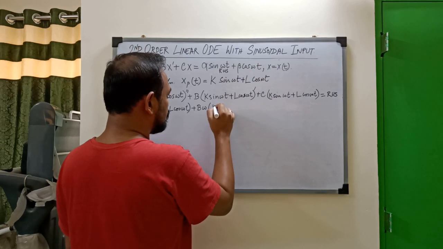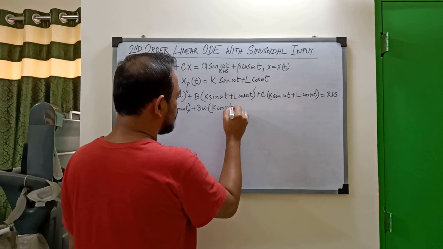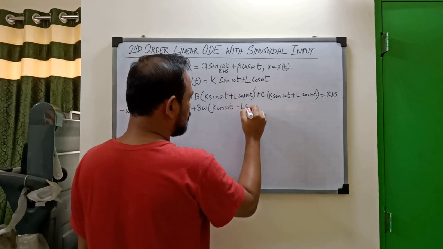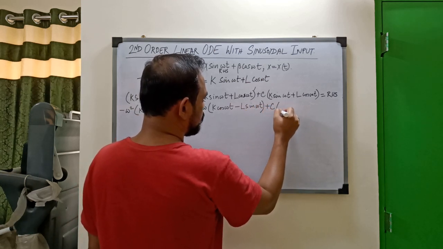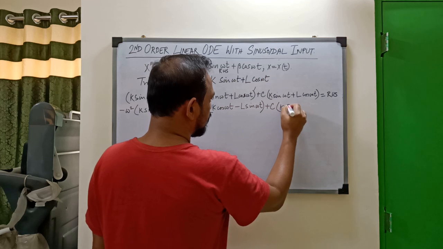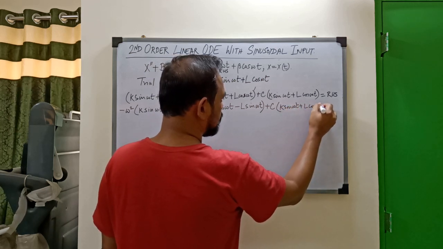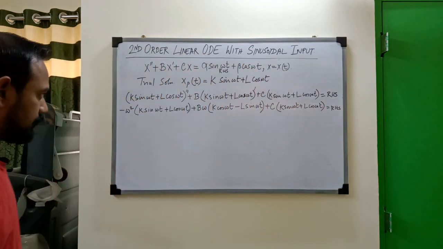This one turns into k cosine omega t, and this one turns into a minus sine omega t, so I'll have a minus L sine omega t. I don't have to do anything with this one: c times k sine omega t plus L cosine omega t. This must be equal to the right hand side of the given differential equation.